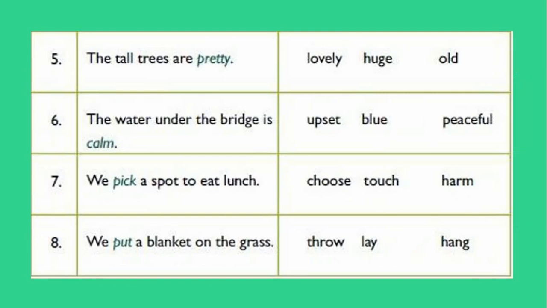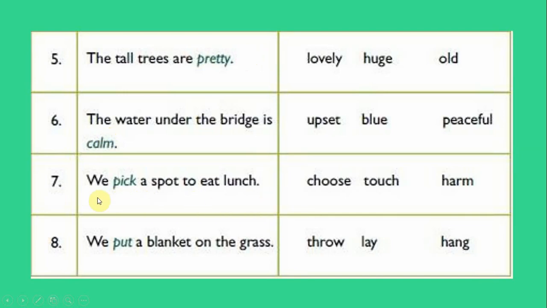Next, number 5 until number 8. The tall trees are pretty. And then number 6, the water under the bridge is calm. You need to change calm. The previous one, you need to change pretty. Number 7, we pick a spot to eat lunch.